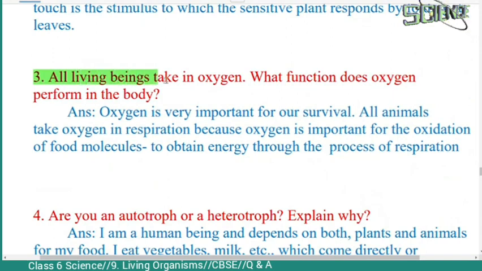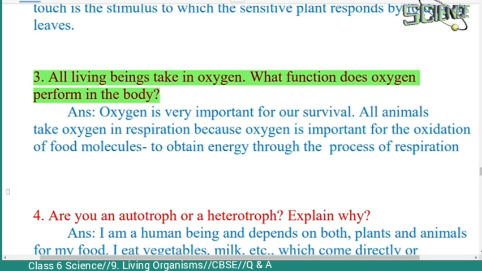Third question, all living beings take in oxygen. What function does oxygen perform in the body? Answer, oxygen is very important for our survival. All animals take oxygen in respiration because oxygen is important for the oxidation of food molecules to obtain energy through the process of respiration.